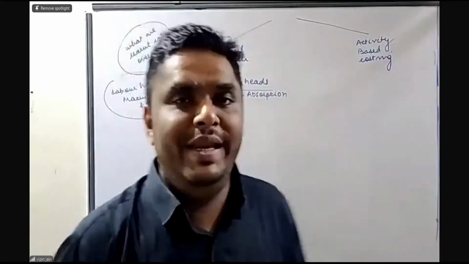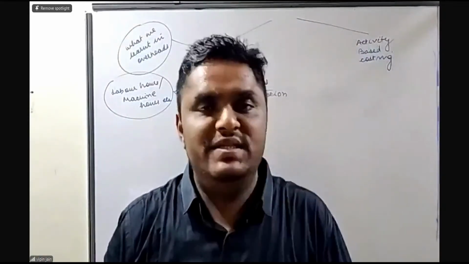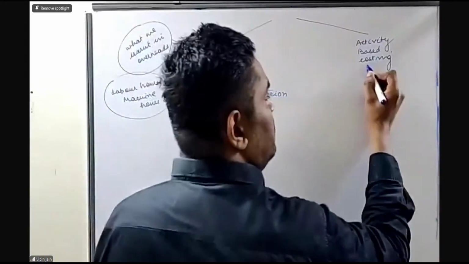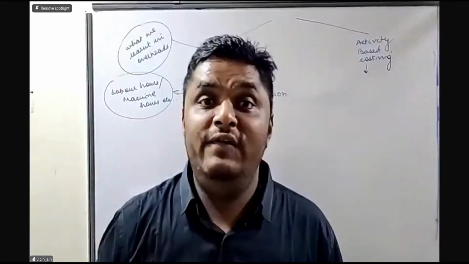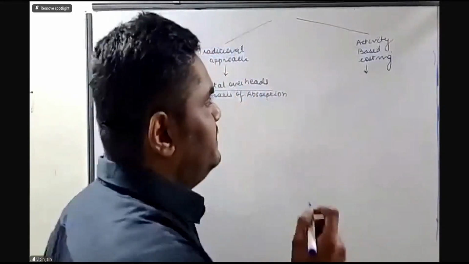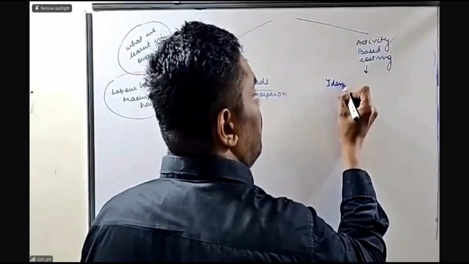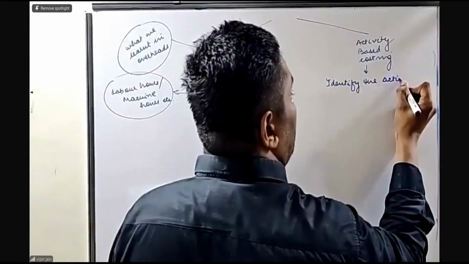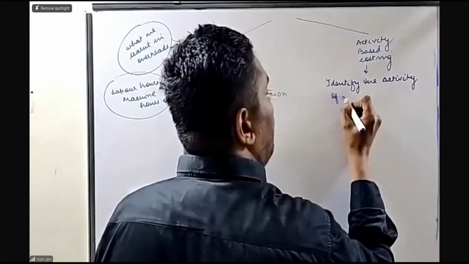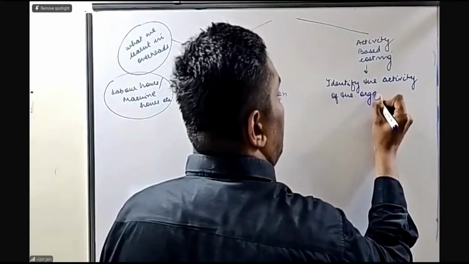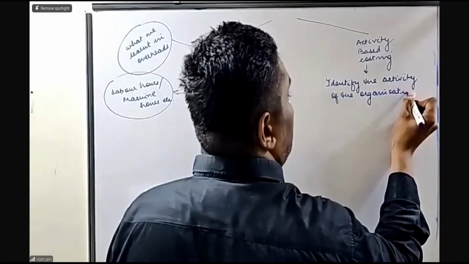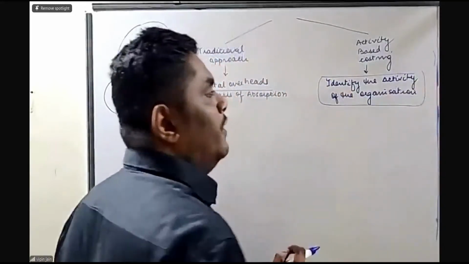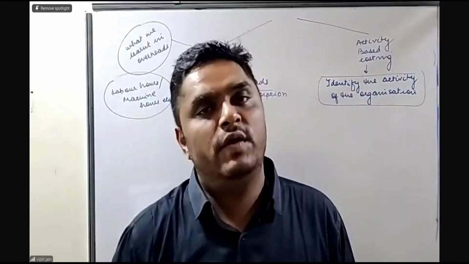Now, when talking about activity-based costing, again, the chapter is very easy. Just follow the instructions that I'm saying, and you'll be able to solve these questions very easily. So what does activity-based costing say? The first thing, identify the activities of the organization. What you have to do first is identify the activities of the organization.